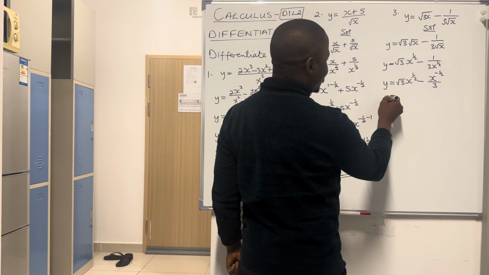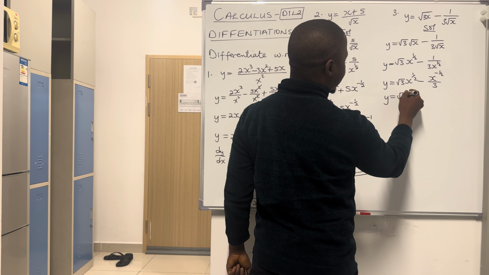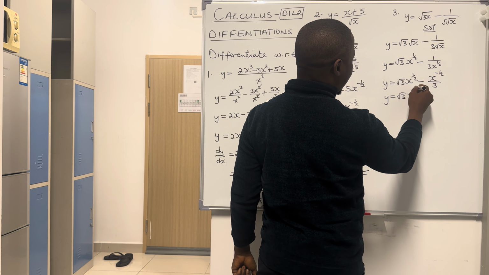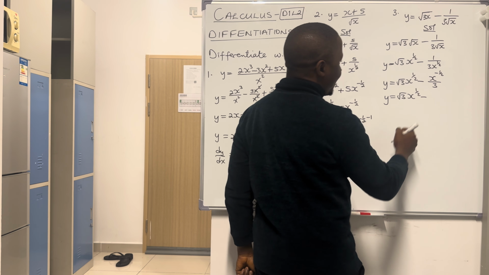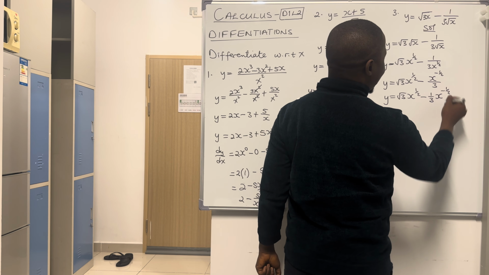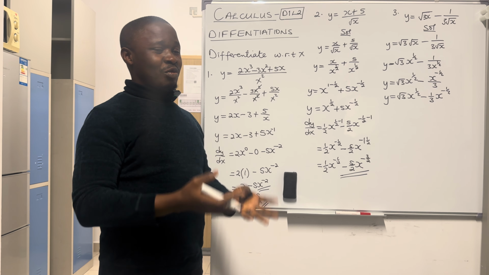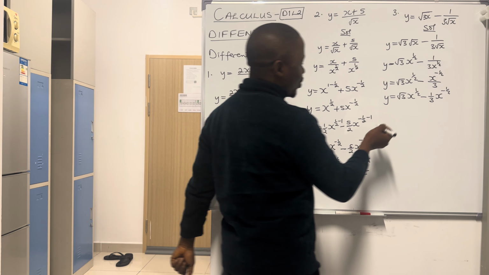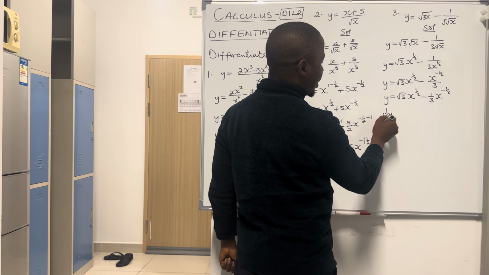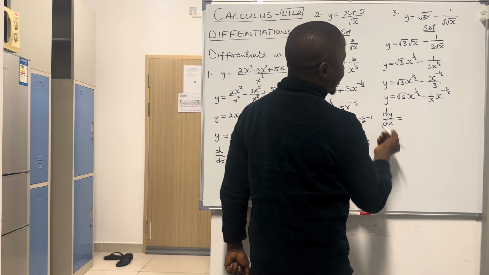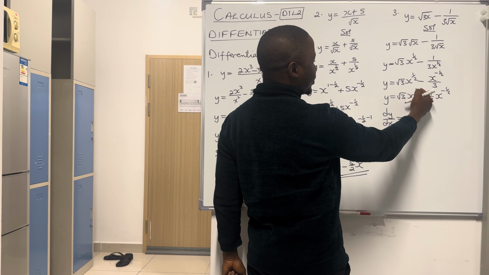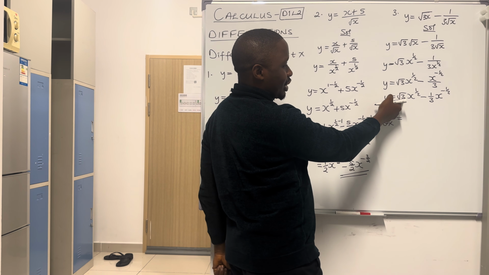One more step before we differentiate: root 3 x to the half minus 1 over 3 x raised to minus half. So no more variable at the denominator position. Now we can say dy/dx. The power is half and the coefficient is root 3.